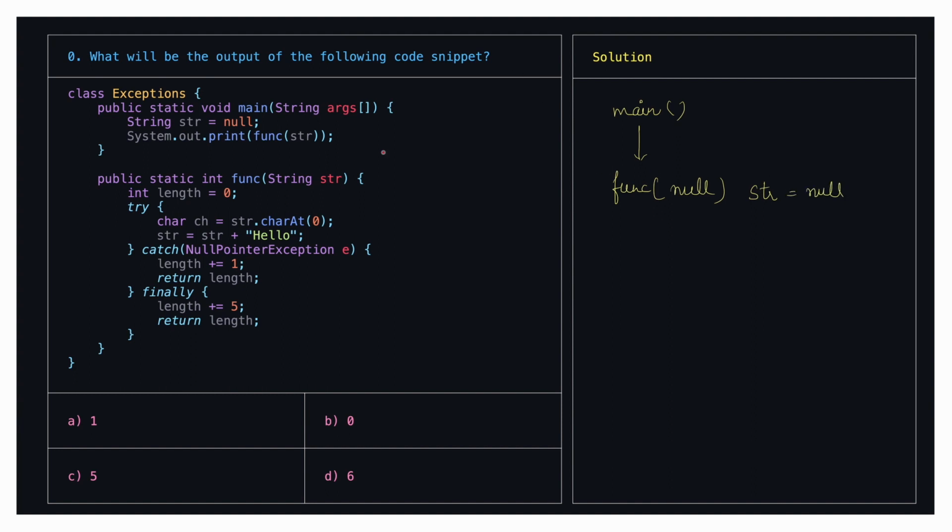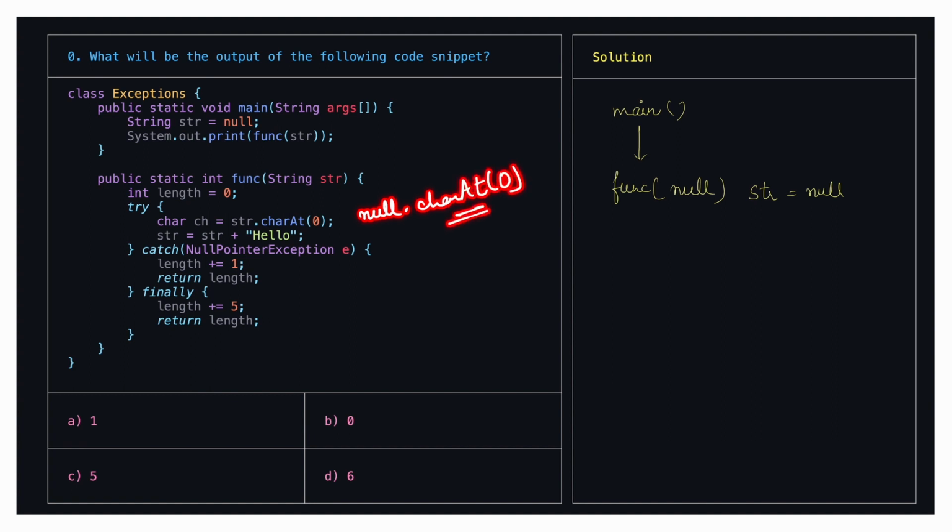Inside this function we have a variable length, which is of integer type, and it is assigned a value of 0. We have this try, catch and finally block. Now let's see what it is doing. We have a character ch, where we do string.charAt(0).